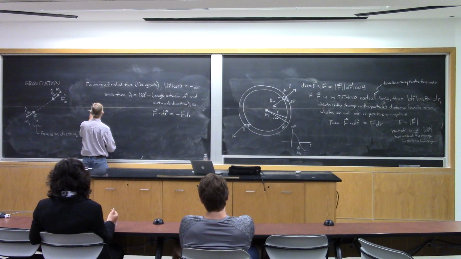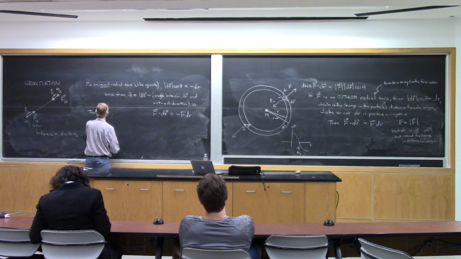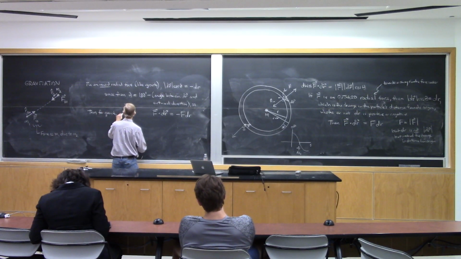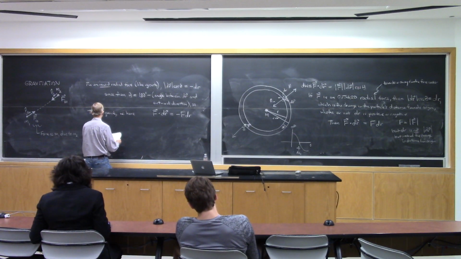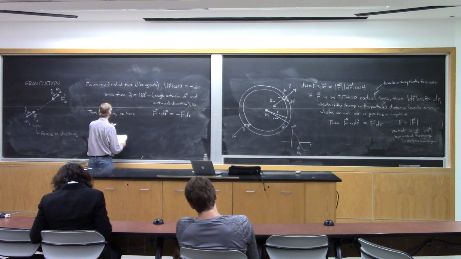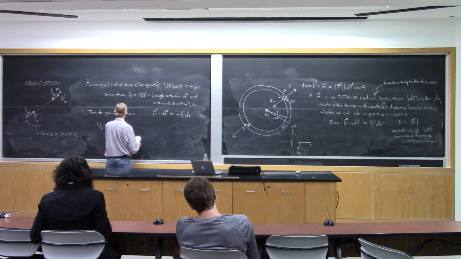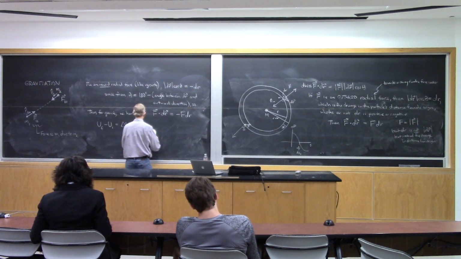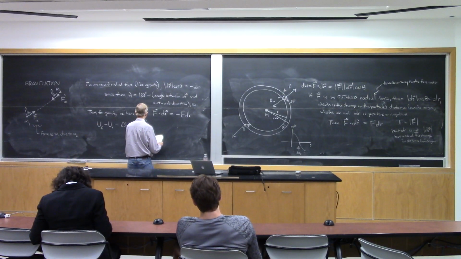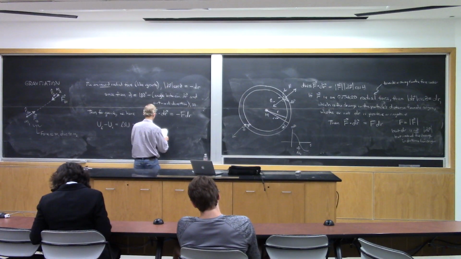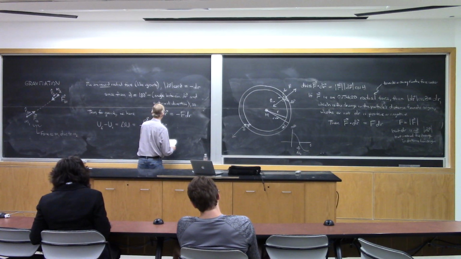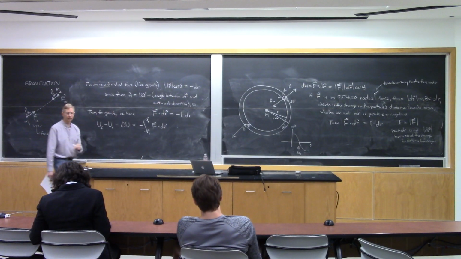So, thus, for gravity, we have that UF minus UI, i.e. the change in the potential energy, will be minus the integral from Ri to Rf of F dot dr, in other words, minus the work done.